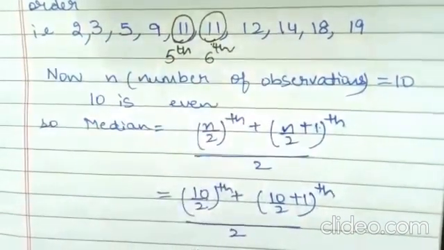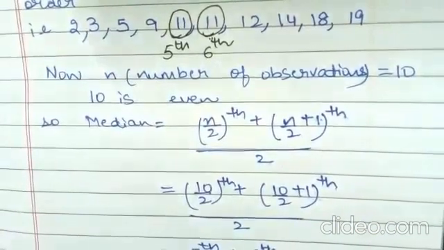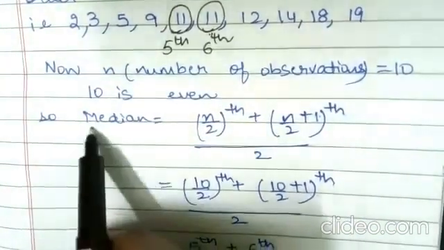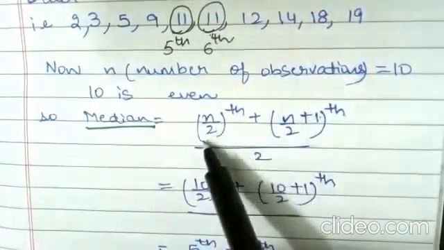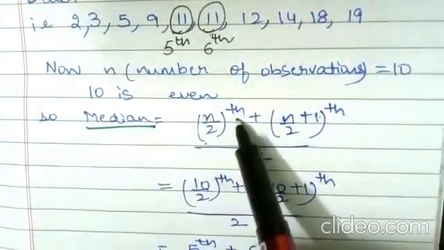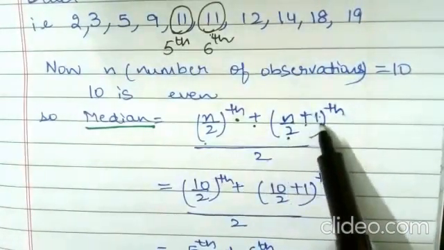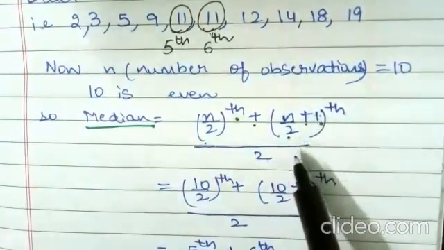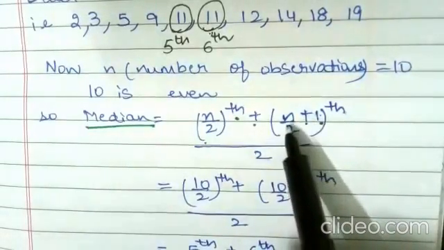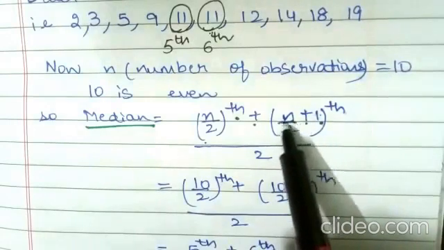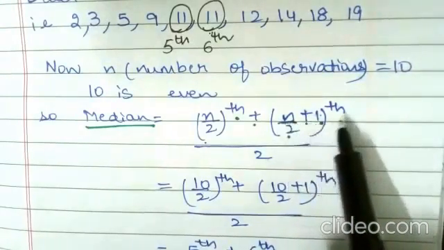And we know that 10 is an even number. If the number of observations is even, then the formula for the median is (n upon 2)th plus (n upon 2 plus 1)th, whole upon 2. Children, keep in mind that this 2 is in the denominator of n only, not of the 1.